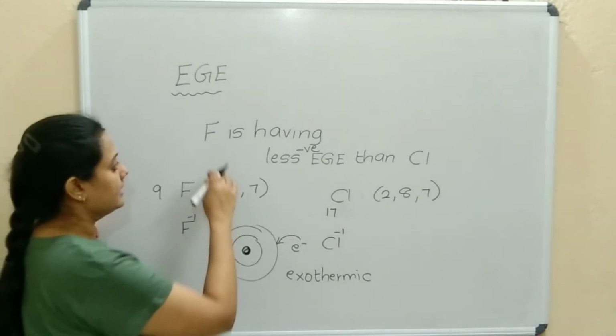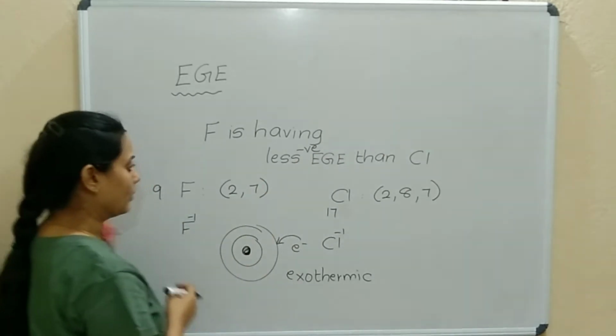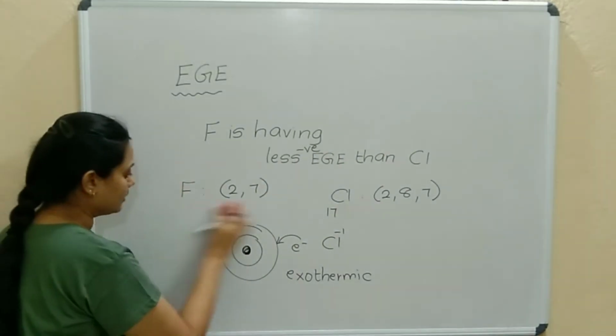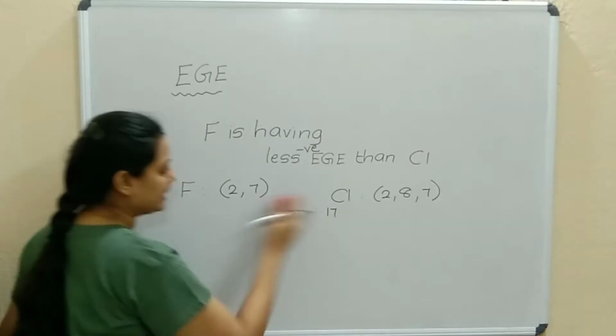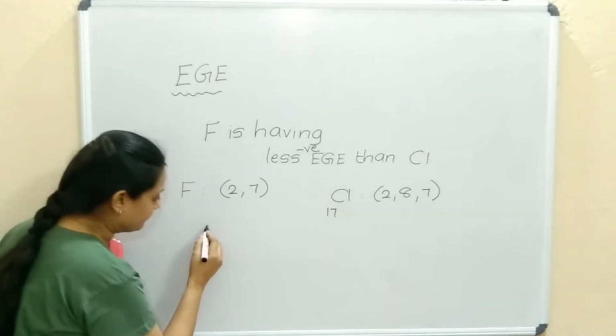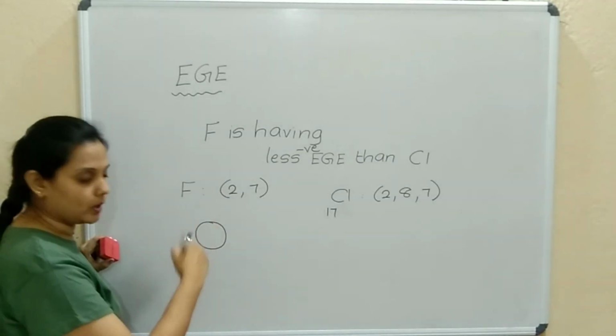Now let's see why fluorine has a less negative EGE than chlorine. Down the group, if we compare fluorine and chlorine, the size of fluorine is less compared to chlorine.